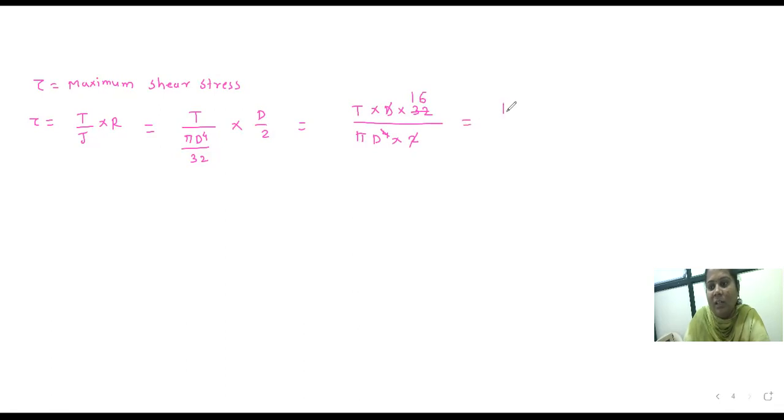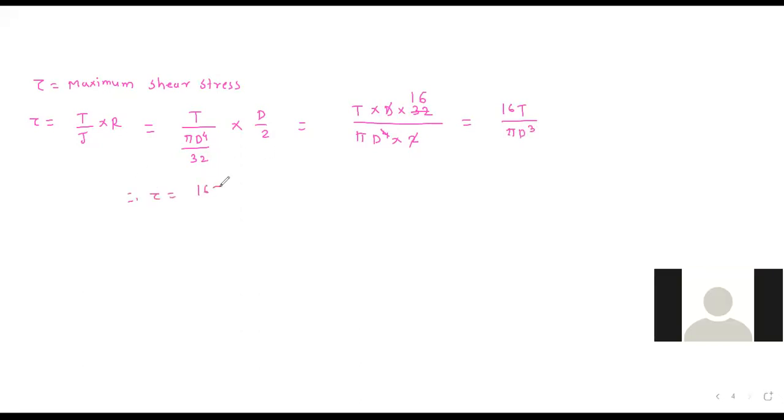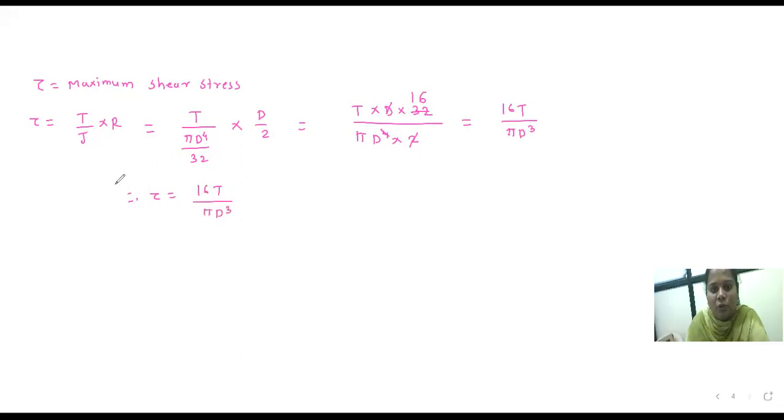So what is remaining? 16T divided by pi D cube. Therefore tau is equal to 16T divided by pi D cube. So this is the equation for shear stress. Please write down shear stress is equal to 16T divided by pi D cube.